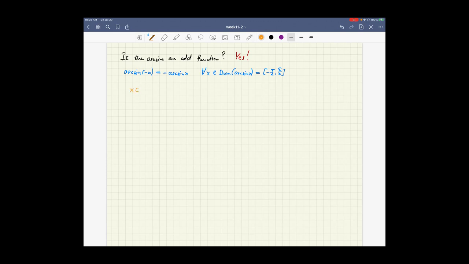If x is in the interval negative pi over 2, pi over 2, then so is negative x, because that interval is symmetric about 0.